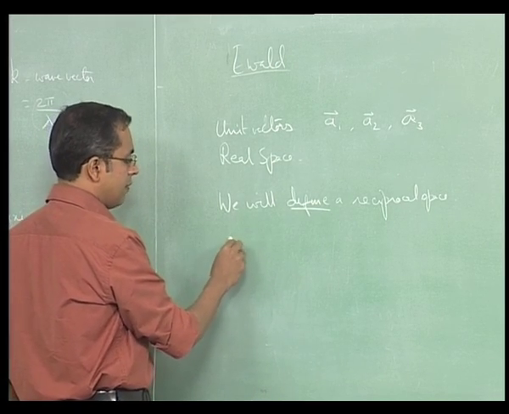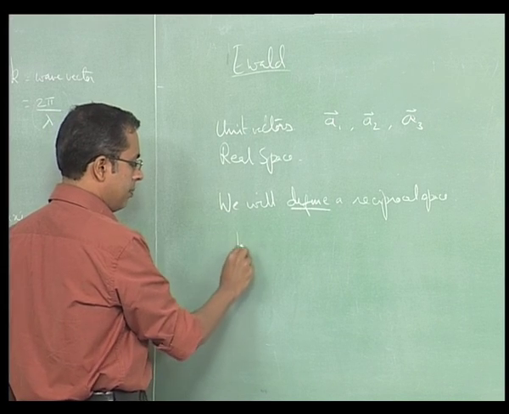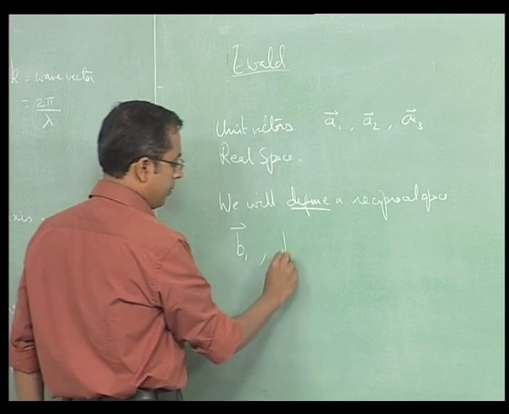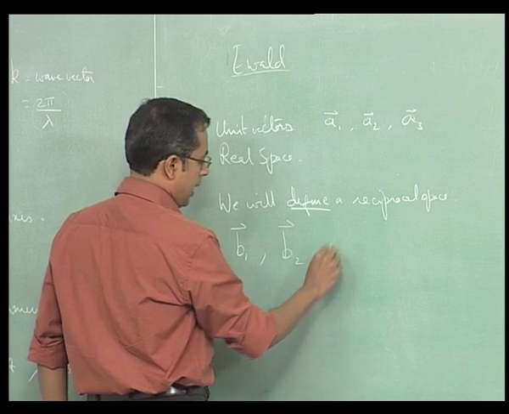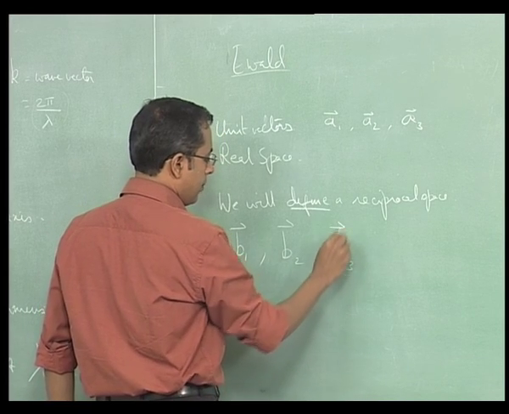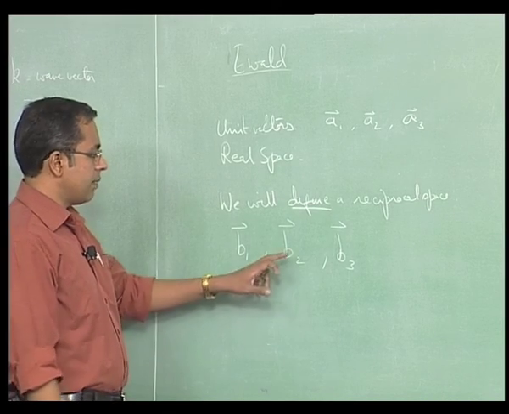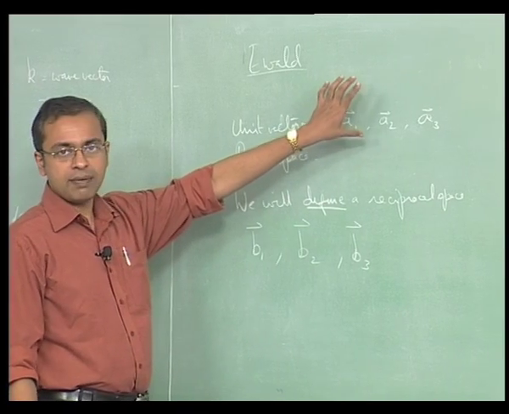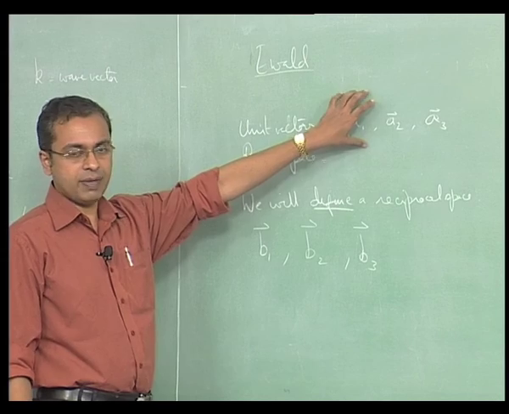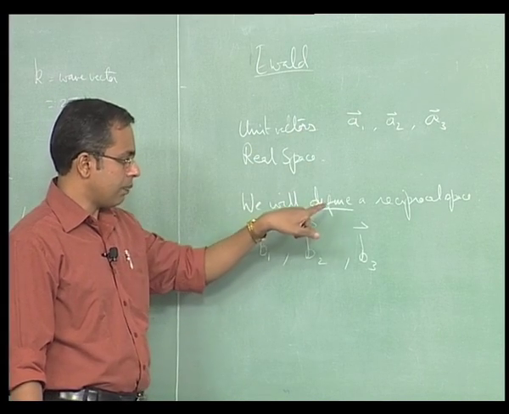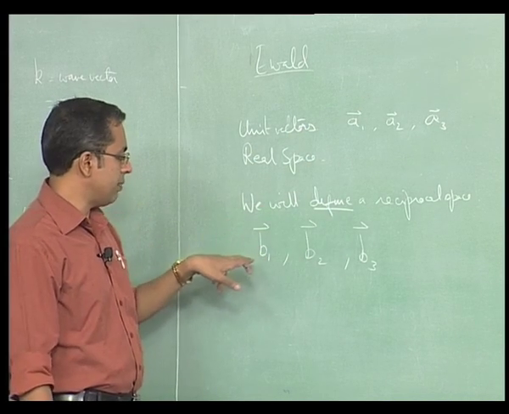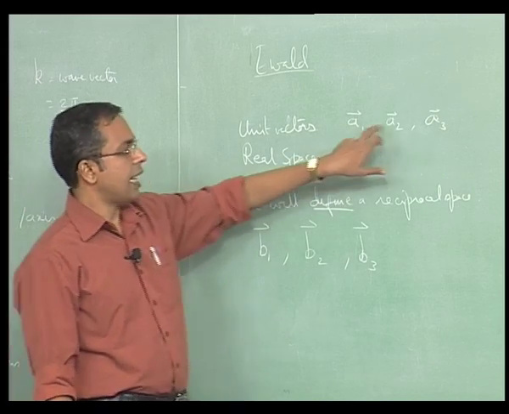to consist of 3 vectors, again unit vectors, B1, B2 and B3. But these are not arbitrary vectors, they are being defined with respect to real space vectors in a certain way. In other words, in the process of this definition we are already making a link between these vectors and these vectors.